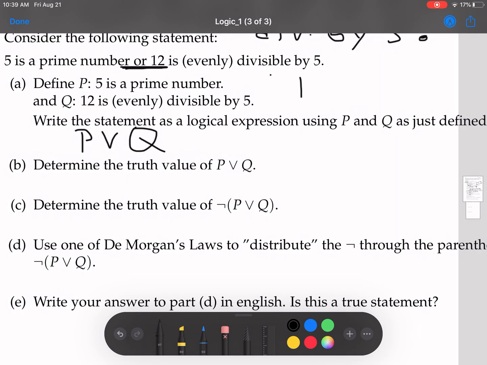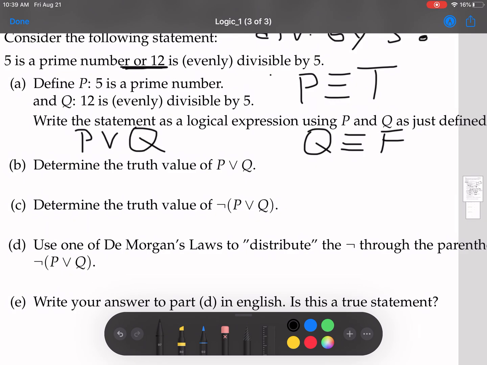Remember that from above, we decided that P was true and Q is false. P, 5 is a prime number. That is true. And Q, 12 is evenly divisible by 5.